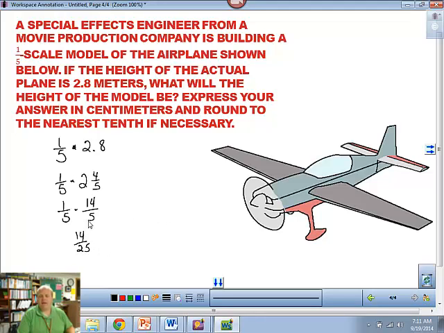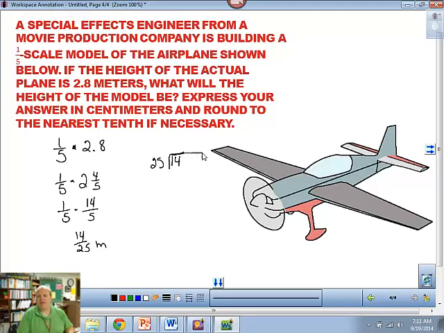Okay? Now, this is 14/25 meters is what I'm going to be dealing with. But I need this in centimeters. I could leave it like this, and this would be an acceptable answer because this is my fraction. However, I need centimeters, so I'm going to actually have to divide a little bit. So I have 14 divided by 25.